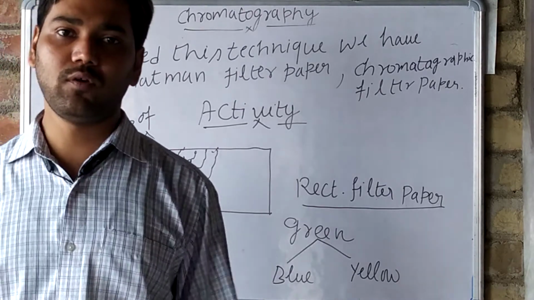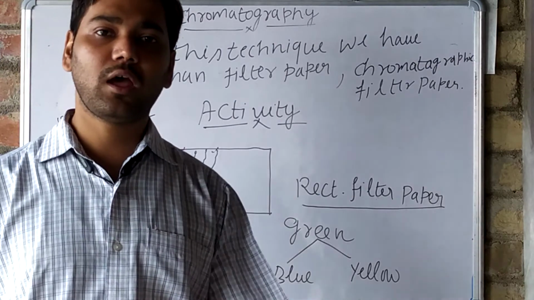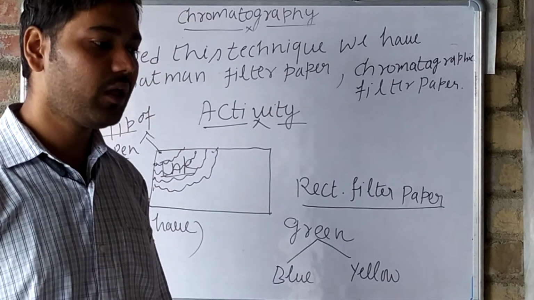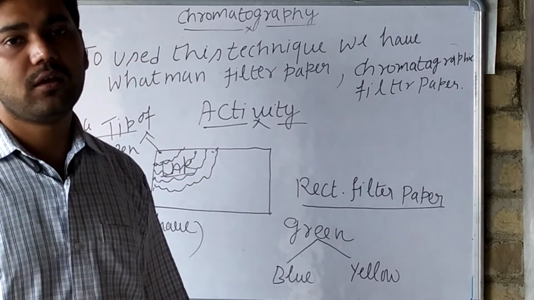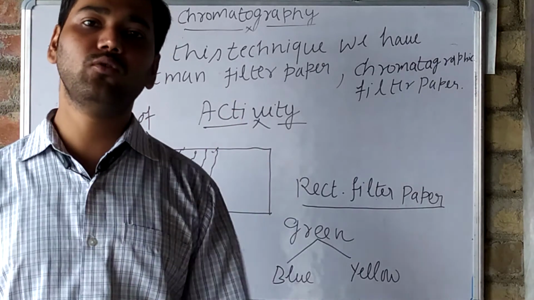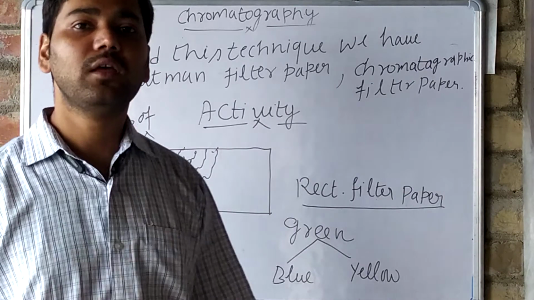Solvent means liquid. Next, I have given examples, like pigments of flowers and ink. This process is mostly used to separate ink.